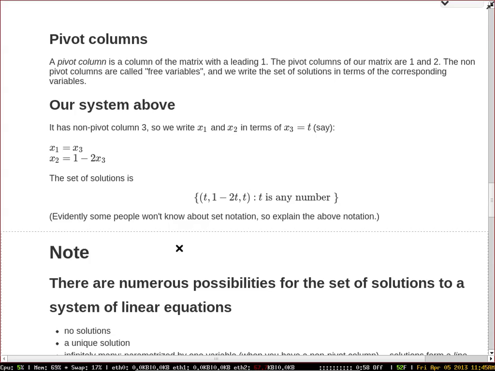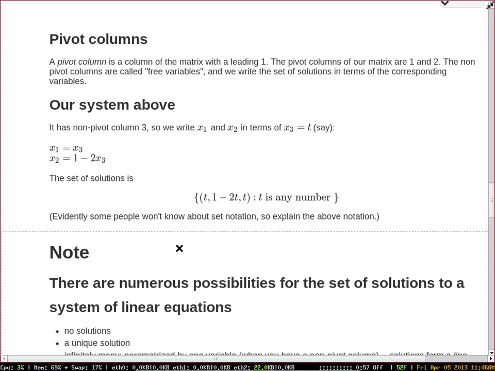So the set of all solutions, well, you can just write x1 as x3, which is equal to t, and x2 is minus 2x3, which is minus 2t. So the set of solutions are the triples t, minus 2t. I think I messed up.